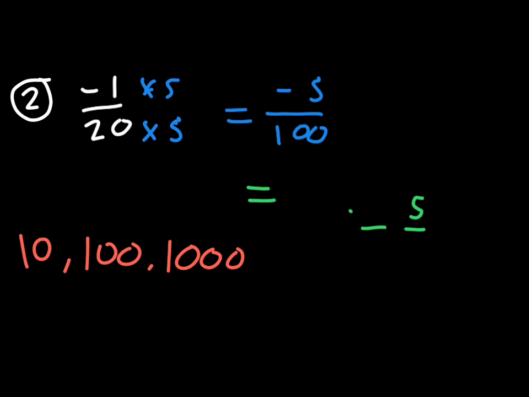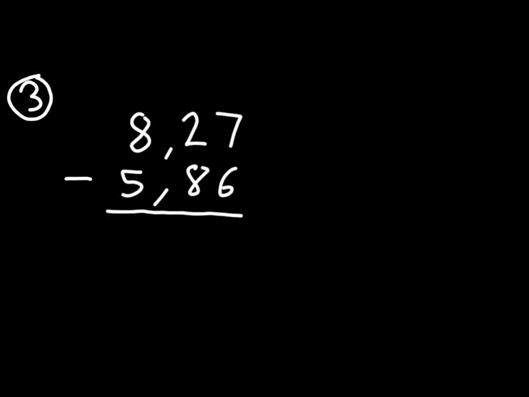And since there are no other numbers, we'll have a 0 there. There are no whole numbers, and our overall answer was negative. So our final answer is negative 0.05. For question number 3, we are asked to subtract 5.86 from 8.27.